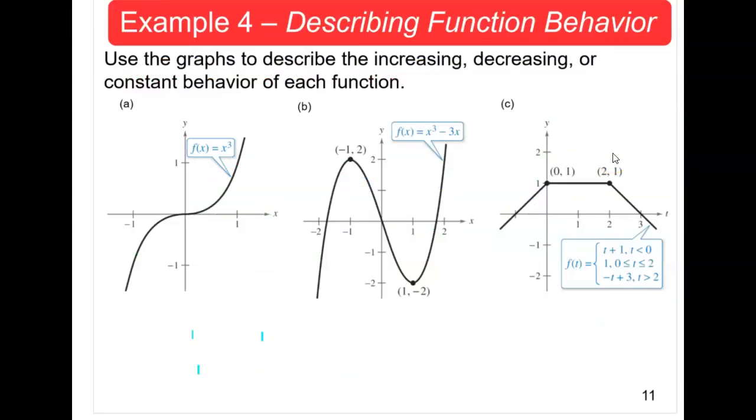We're going to use the graphs to describe the increasing, decreasing, or constant behavior of each function. So for the first graph, part A, we have the equation, and I know that it might be a little debatable if it's decreasing somewhere around here, but I can tell you for sure that it is increasing the whole way.